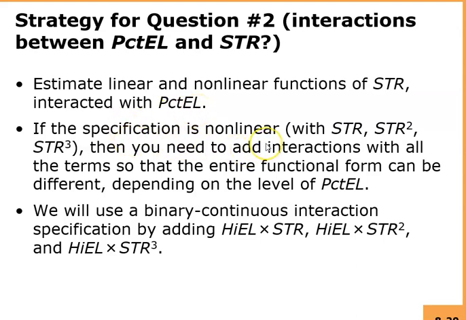If the specification that you are using is nonlinear, meaning you are introducing quadratic and cubic terms for STR, then you need to add interactions with all these terms so that the entire functional form can be different depending on the level of percentage of English learners, meaning you will be adding interaction terms for HIEL multiplied by STR, HIEL multiplied by STR square, and HIEL multiplied by STR cube.